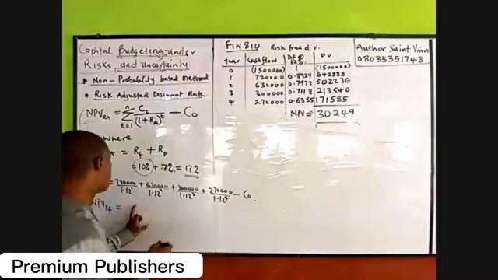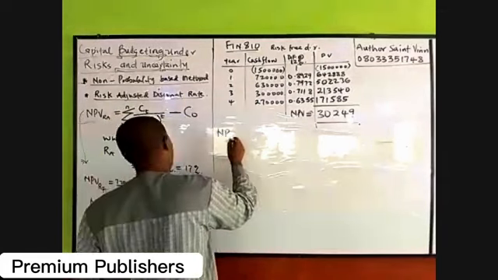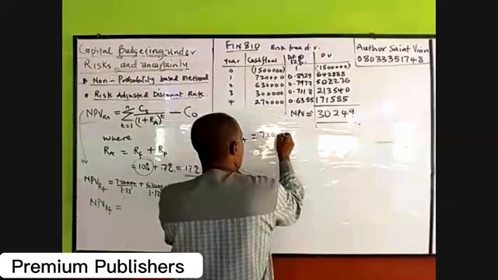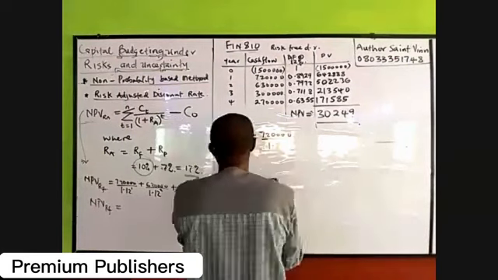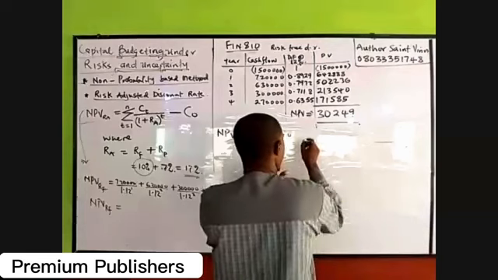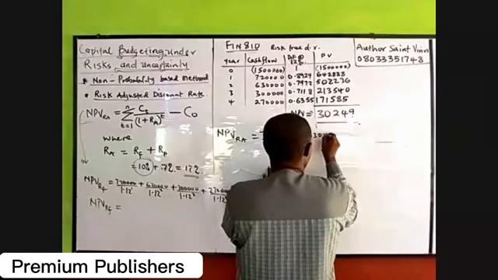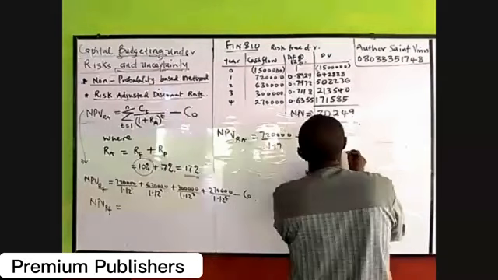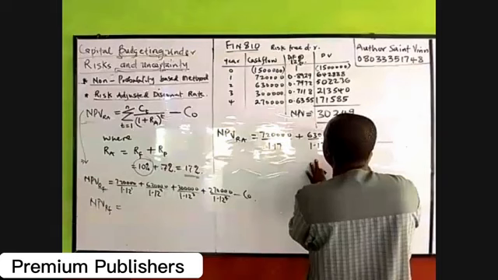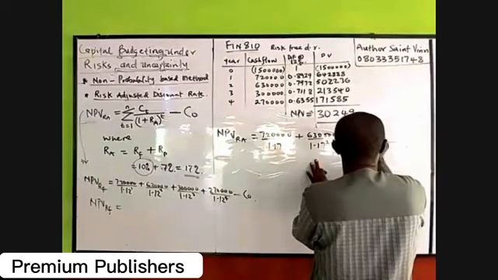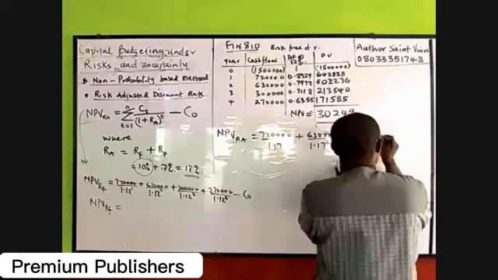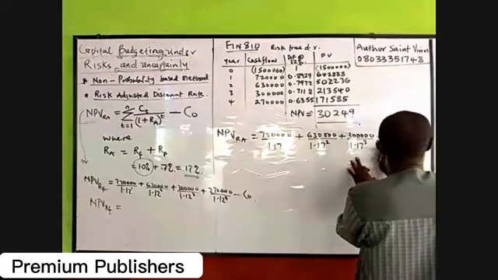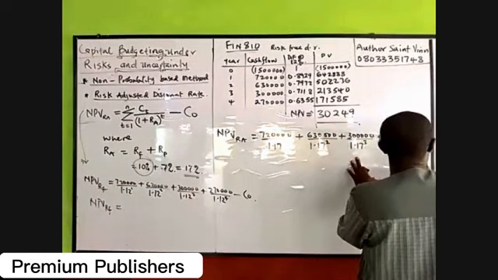I want to get the answer for this so that I can get NPV risk adjusted equal to 720,000 over 1.17, plus 630 all over 1.17 squared, plus 300 all over 1.17 raised to power 3, plus 270 all over 1.17 raised to power 4.